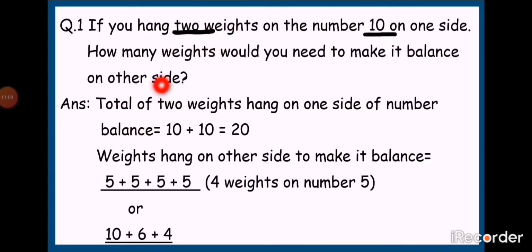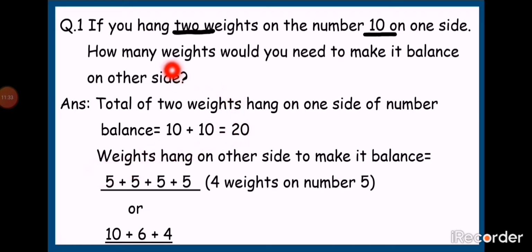So we will start from the statements. Which is the first number present here? 10. And there are 2 weights of 10 hanged on the number balance on one side. So the total of 2 weights hanging on one side is 10 and 10, total it is, yes, 20, because 2 tens means 20.